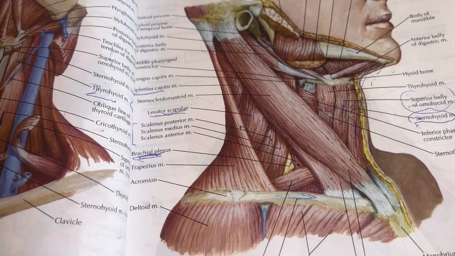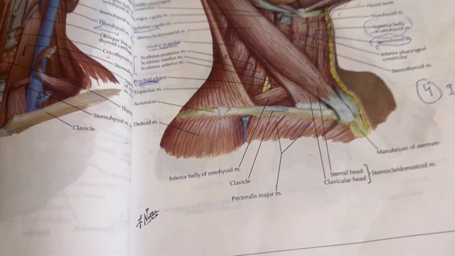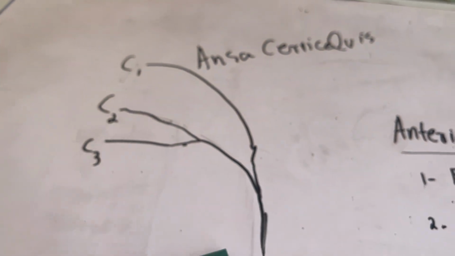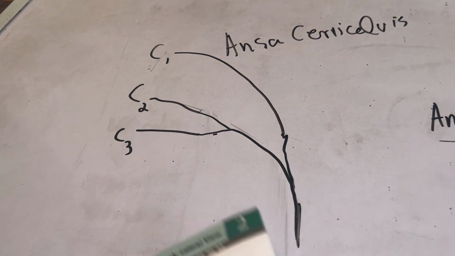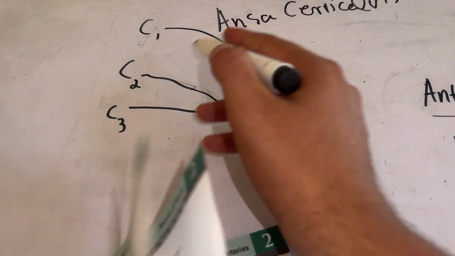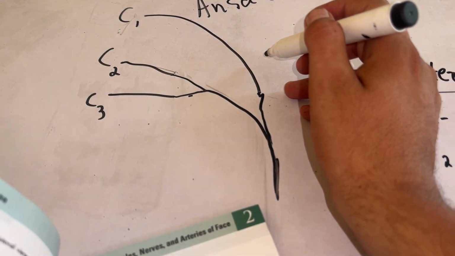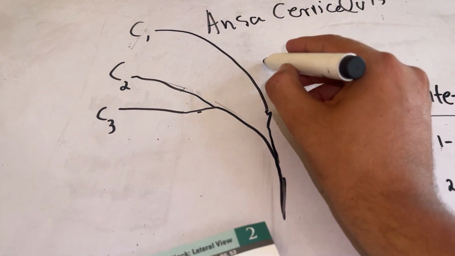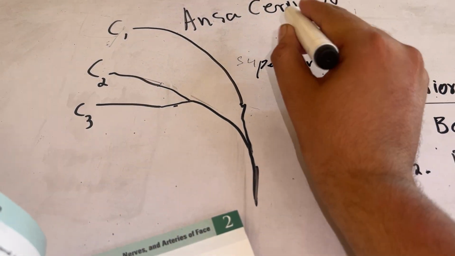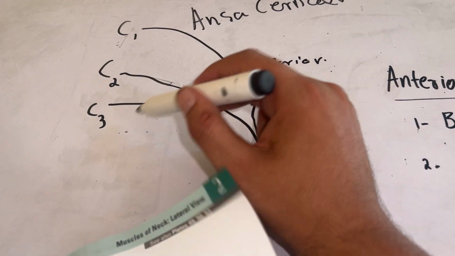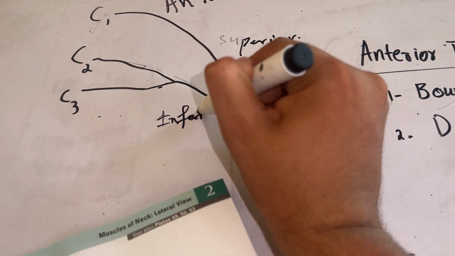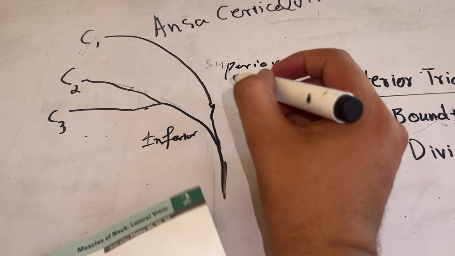All of the infrahyoid muscles are innervated by the ansa cervicalis. So this is the ansa cervicalis. Ansa cervicalis comes from C1, C2 and C3 cervical spinal nerves. C1 forms the superior root of the ansa cervicalis, while C2 and C3 combine to form the inferior root of the ansa cervicalis.